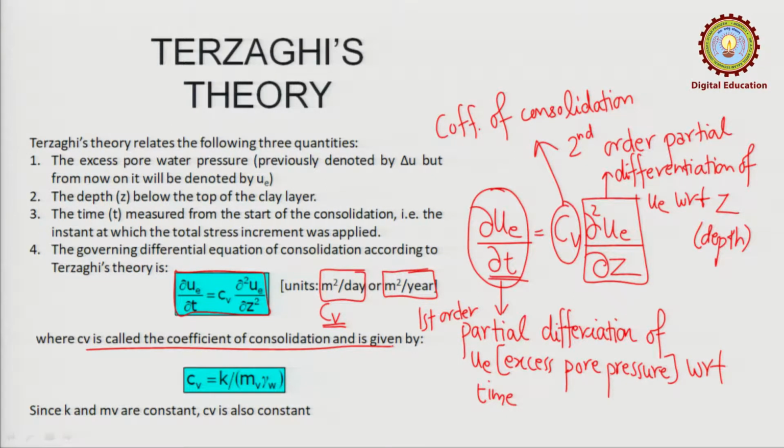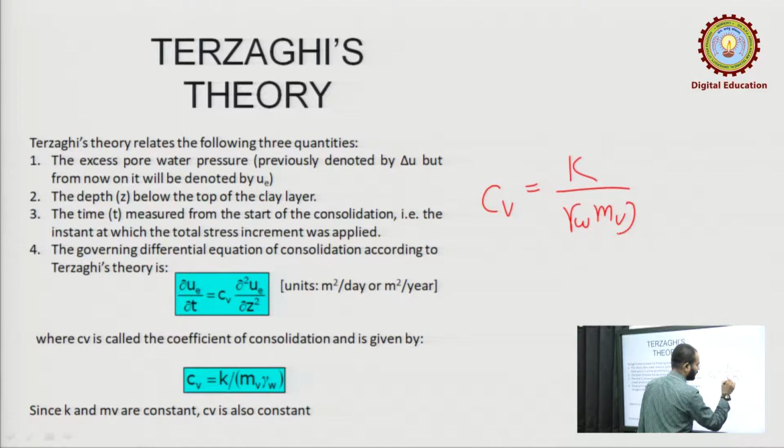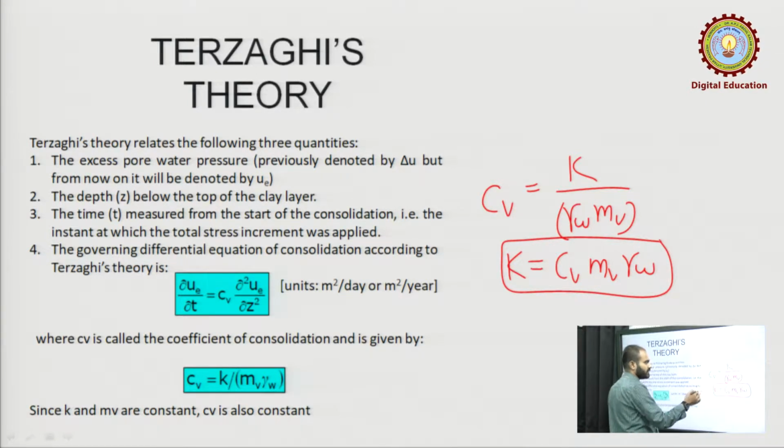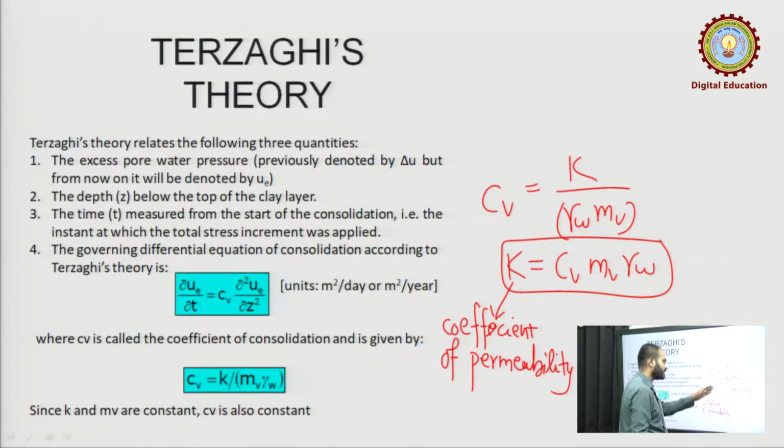The value of CV can also be written as K upon gamma W into MV, or we can say K equals CV MV gamma W. Now, what are these parameters? K is the coefficient of permeability, which we have already studied.